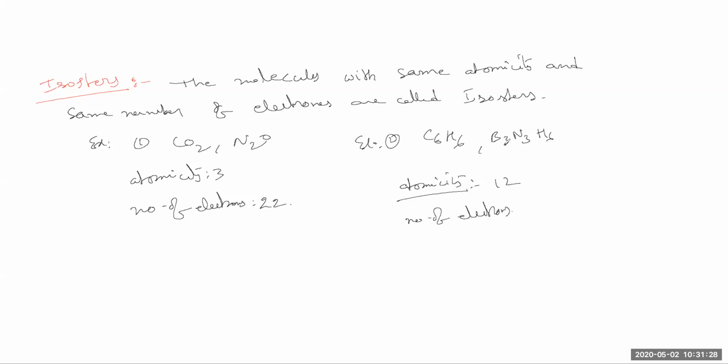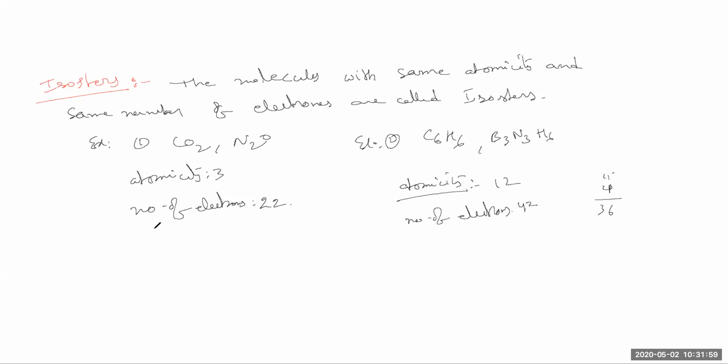Carbon: 6 into 6, 36, plus 6, 42. Boron atomic number 5, 5 into 3, 15. Nitrogen 7 into 3, 21. 15 plus 21 is 36, and hydrogen 6. The total is 42.